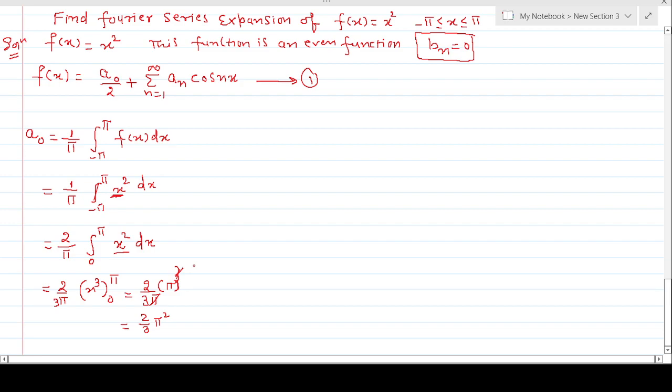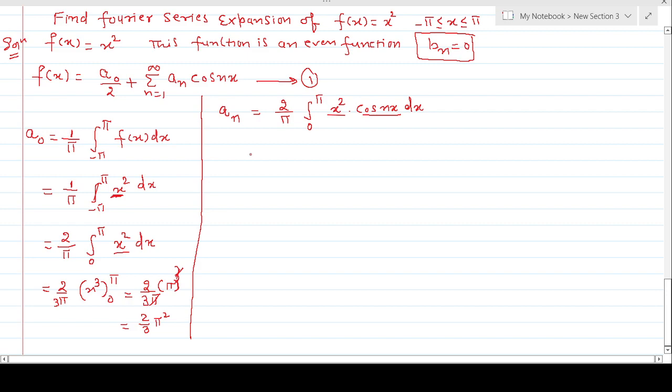Now next we want to find the value of an. As this function is an even function, you can directly write here 2 by pi integration 0 to pi of x square into cos nx into dx. Now apply here the u into v rule. So what is the u into v rule? It is u into integration of v.